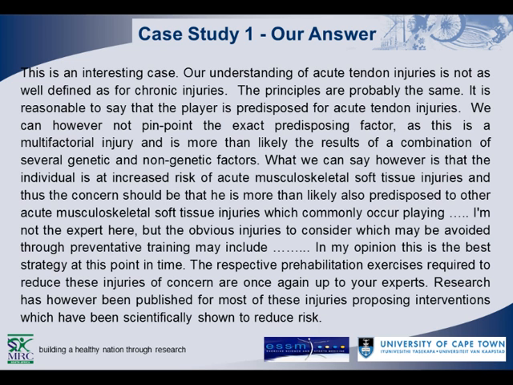Research has however been published for most of these injuries proposing interventions which have been scientifically shown to reduce risk. So the patient clearly is at an increased risk of musculoskeletal injuries, and therefore management has to be careful with his training program and also probably suggest a prehabilitation training program to prevent subsequent injuries of this nature.